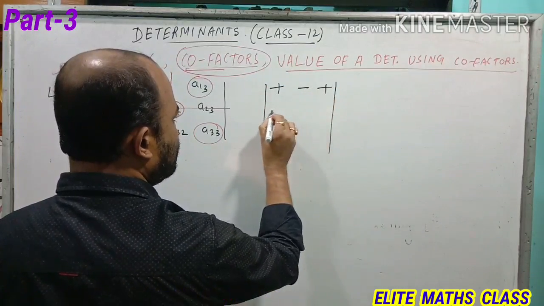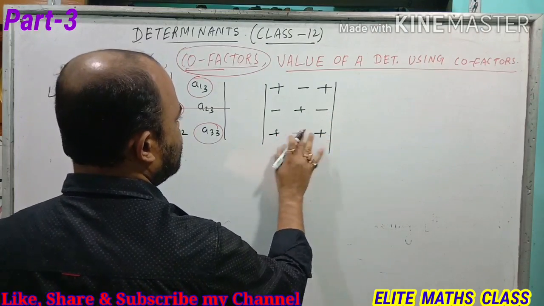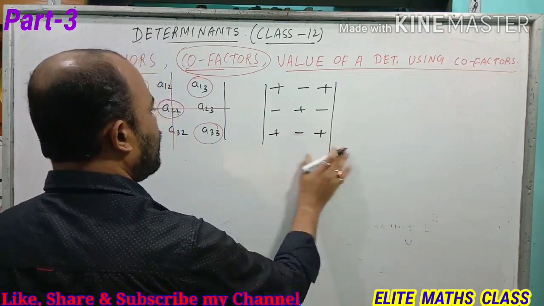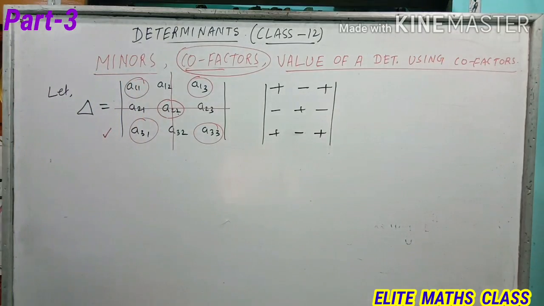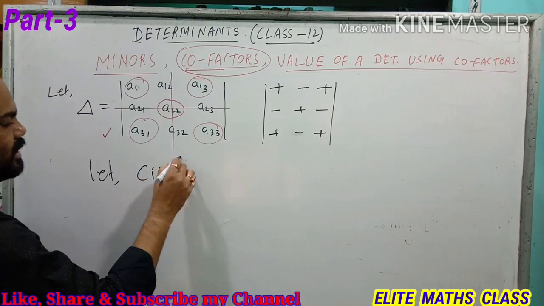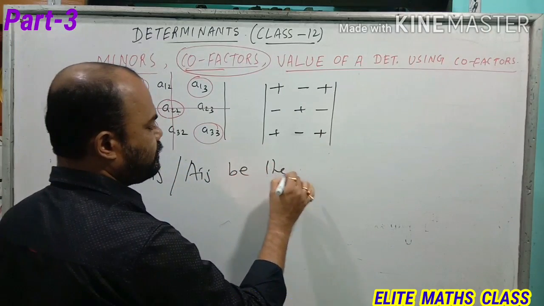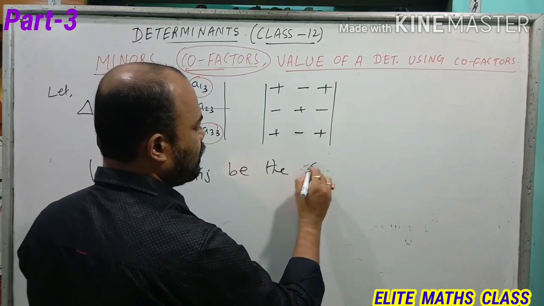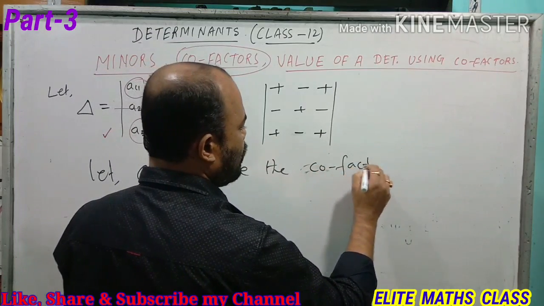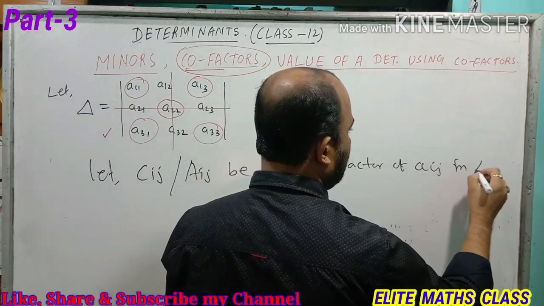These are the signs of positions, plus, minus, plus. Now what is cofactors? Minors are already known. Let Cij, also denoted by Aij, be the cofactor of Aij in delta.